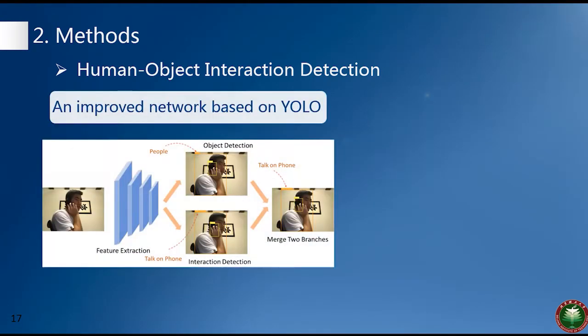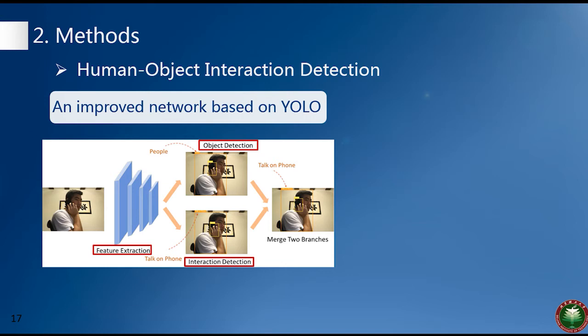As shown, the improved network based on YOLO consists of three parts. The first part is the feature extraction network, which consists of 24 convolutional layers. The second part is two branches of target detection and interactive detection with the extracted features.